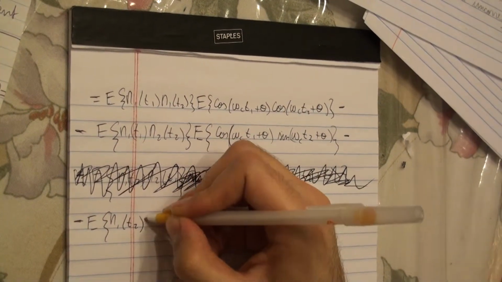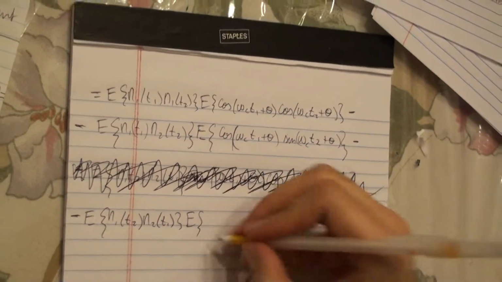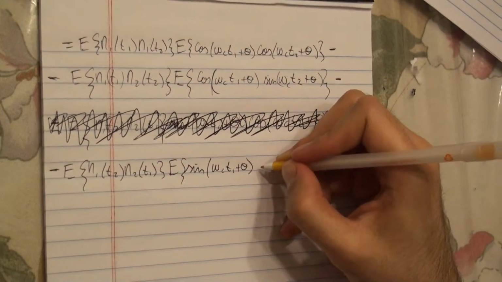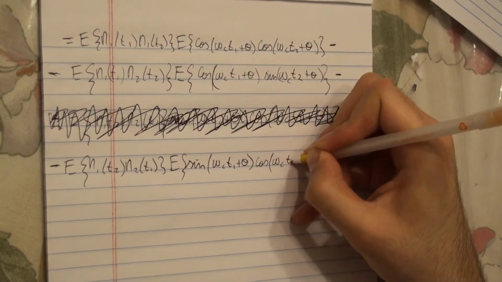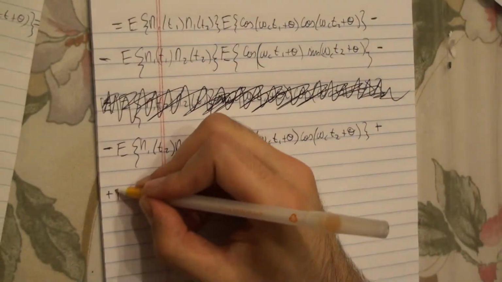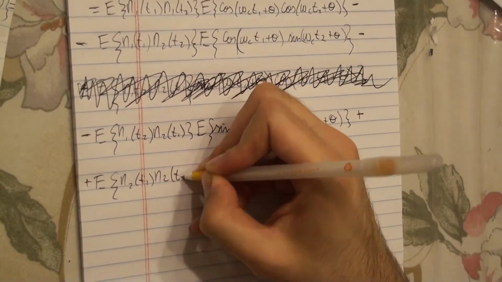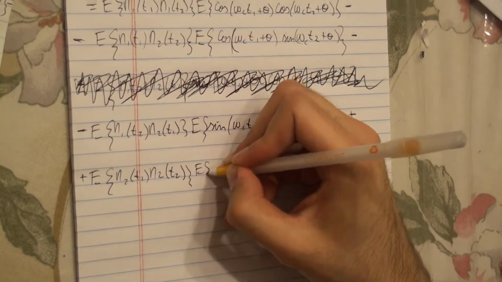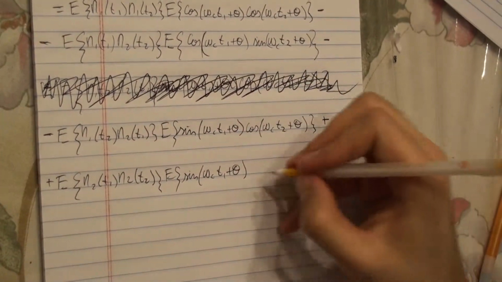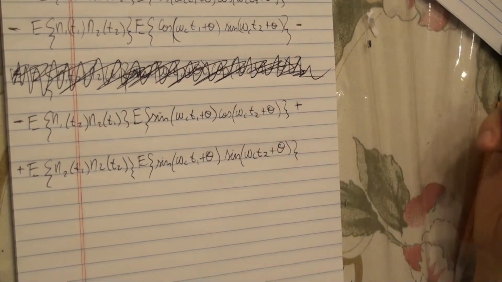N1 T2 N2 T1: expected value of sine omega ct1 plus theta times cosine omega ct2 plus theta, plus now expected value of N2 T1 N2 T2: expected value of sine omega ct1 plus theta times sine omega ct2 plus theta.